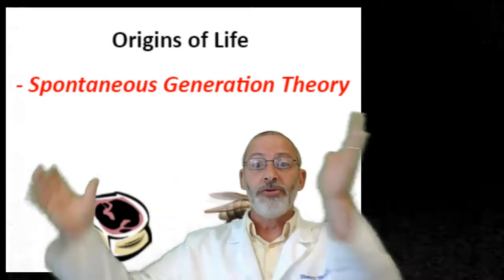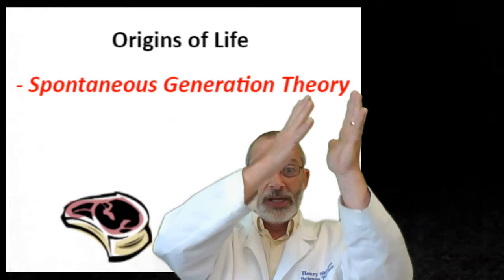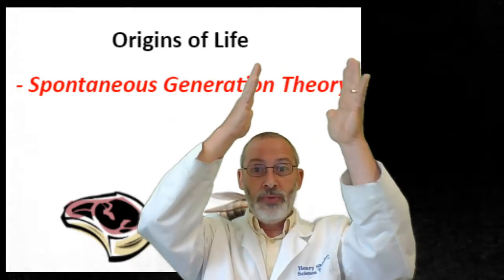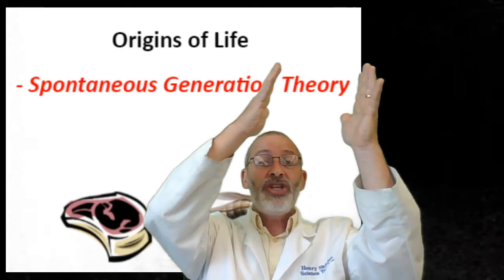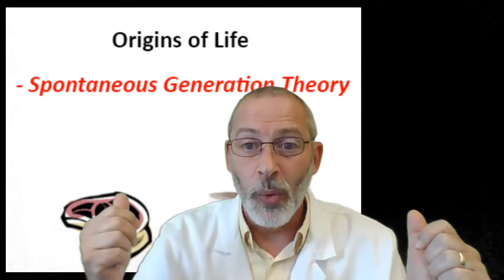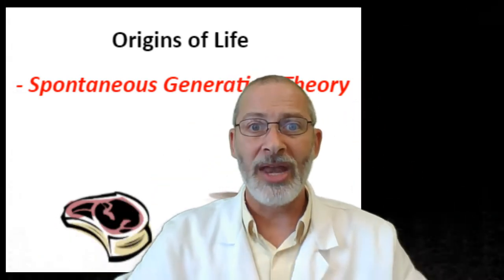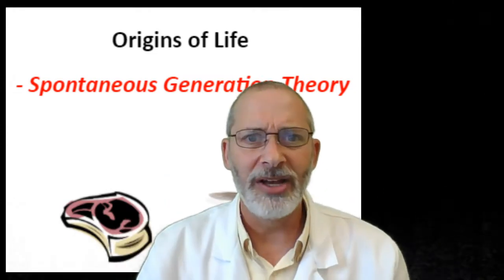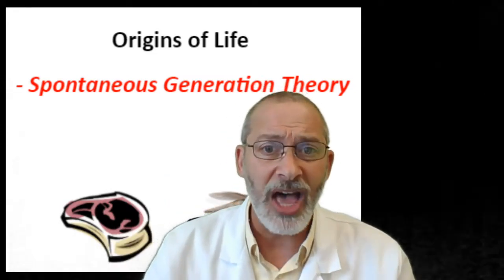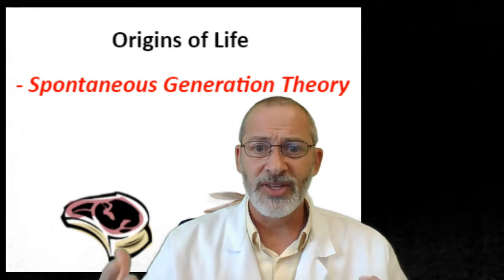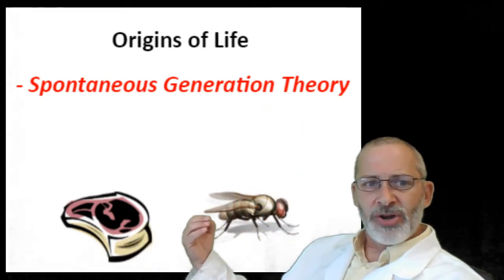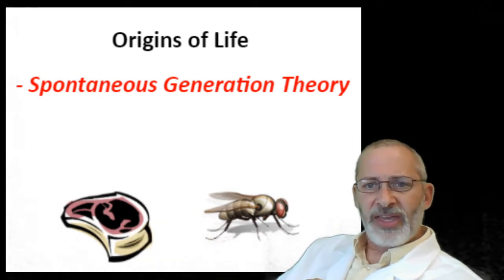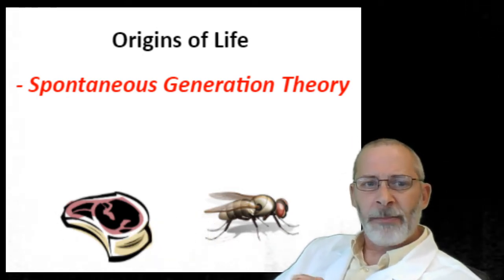Now, the word theory here has to do with an established idea. There was a day when the theory of the origins of life adhered to this idea that flies emerged from non-living things, like rotting meat.